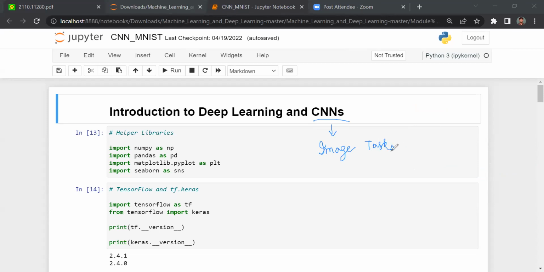We'll probably look at digit recognition, where you are given the image of a handwritten digit and your objective is to recognize the digit. Towards that, let me briefly show you the images and all.